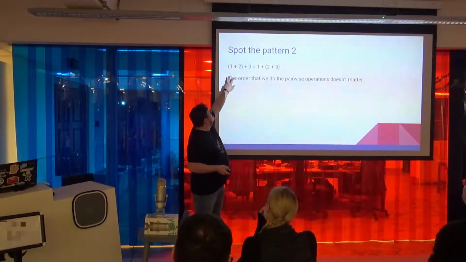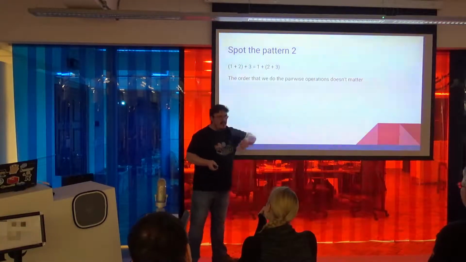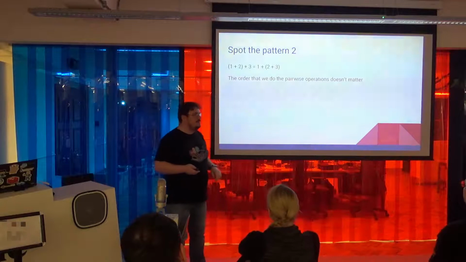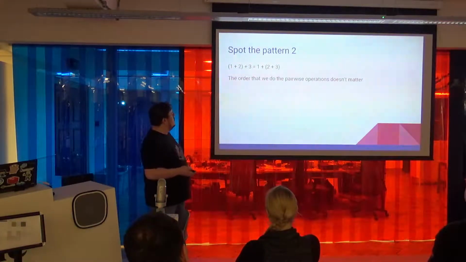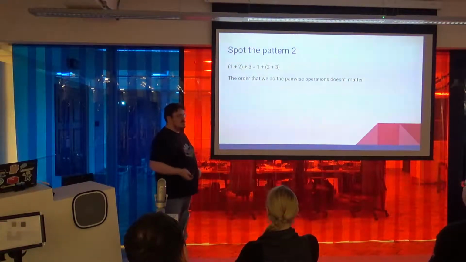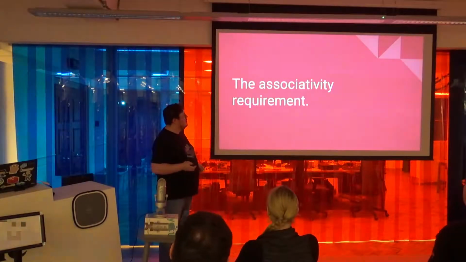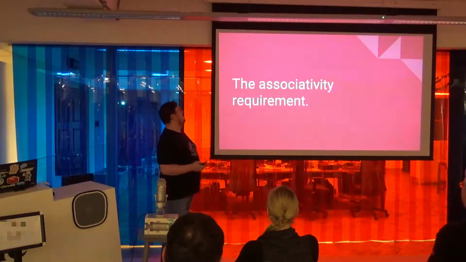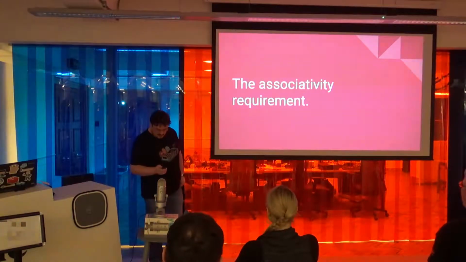Whether we add 1 and 2 together or 2 and 3 together first, the result will be the same. So this is also a requirement of a monoid, and this is called the associativity requirement, and that's a lot harder for me to say than I thought it would be.